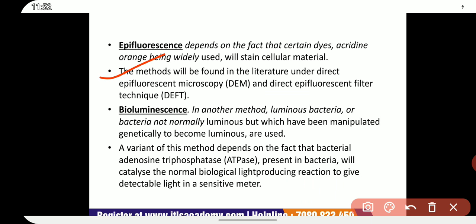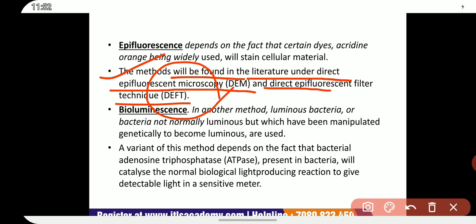The method will be found in the literature under direct epifluorescent microscopy, that is DEM, and direct epifluorescent filter technique, that is DEFT. In DEM, material suspected of being contaminated, or a sample in which living bacteria are sought, is examined directly.